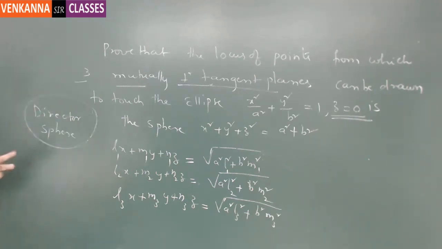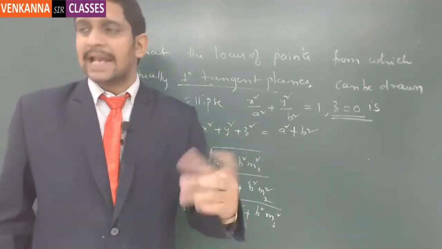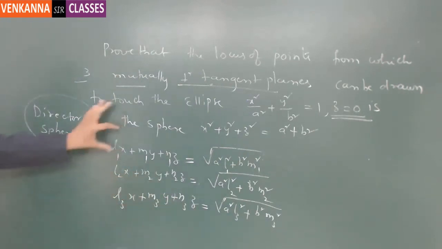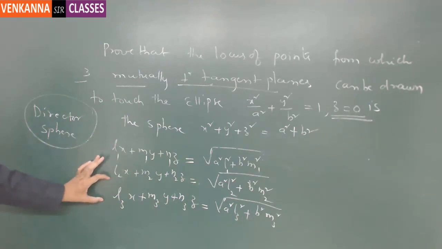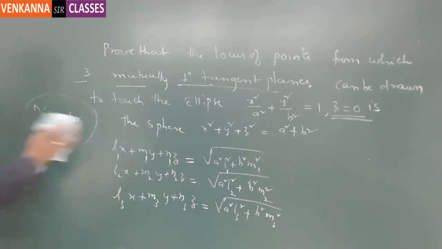Can you recollect the word director sphere? There, after writing 3 mutually perpendicular planes, we simply squared and added them. Here also I do the same thing. You square the first equation, the second, and the third, and add all the LHS values and all the RHS values. Since you know what to do, I will write the part.